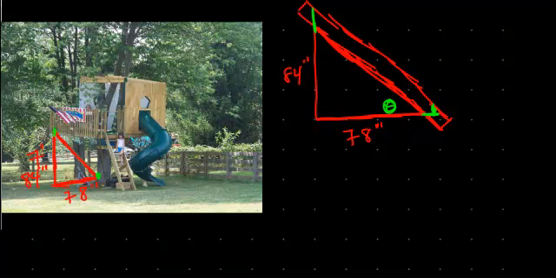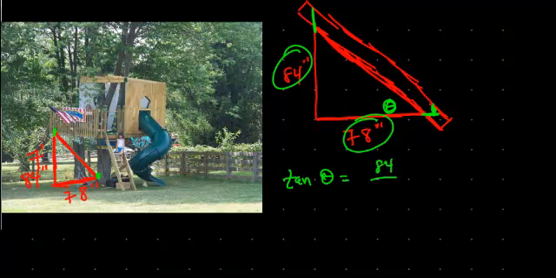So again, I need theta, I know the opposite, I know the adjacent, so I'm going to use the inverse tangent. Tangent of theta equals 84 over 78. That tells me that the inverse tangent of 84 over 78 equals my angle theta.